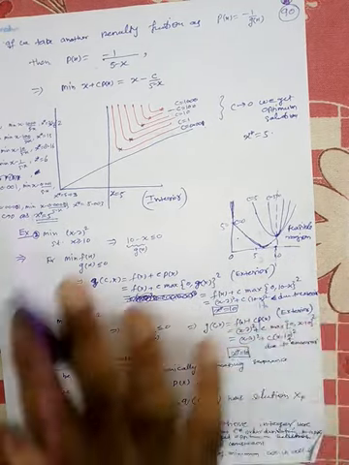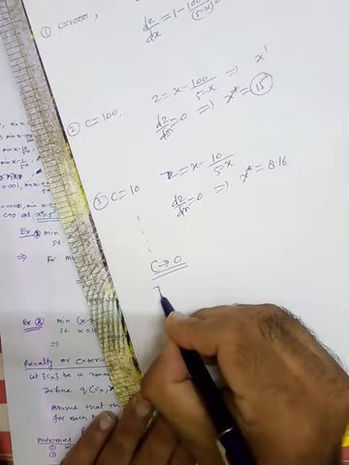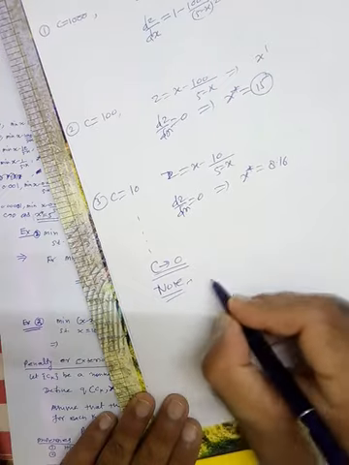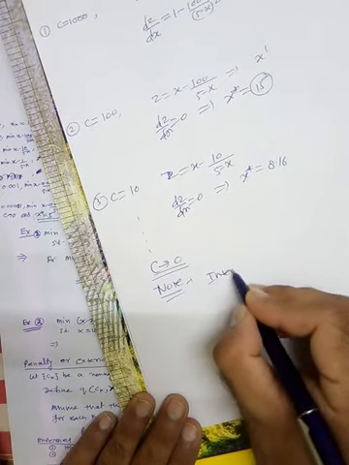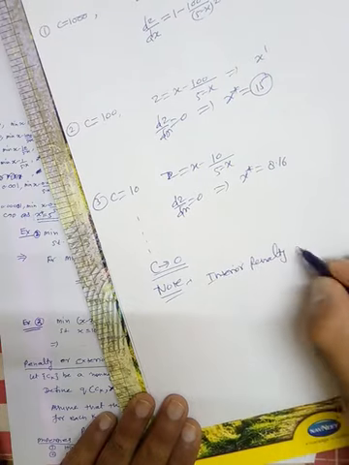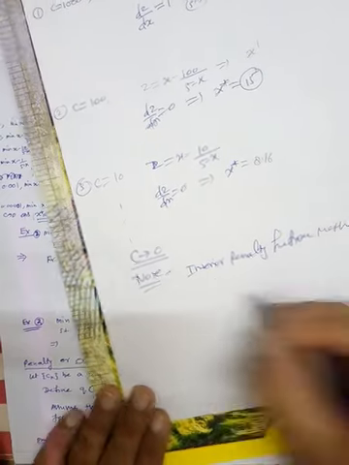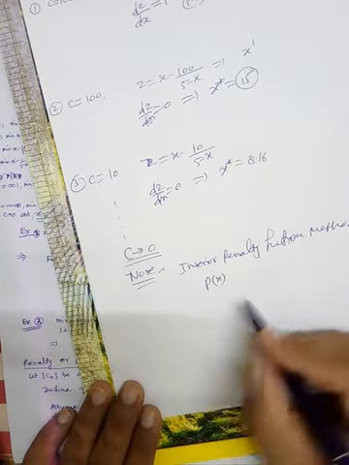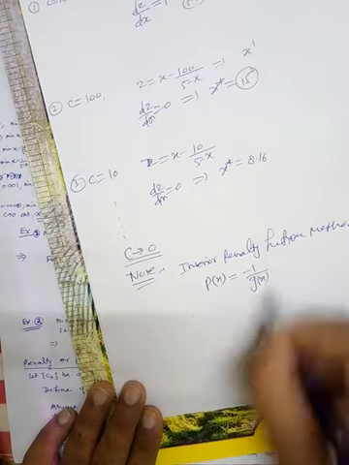I think you differentiate. So you can see that the important note point is that for the interior penalty function method, we have taken p(x) as minus 1 upon g(x).